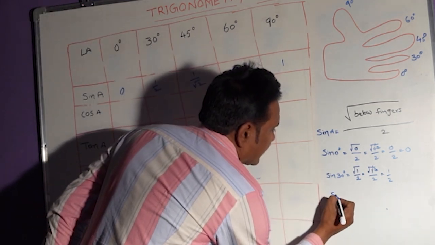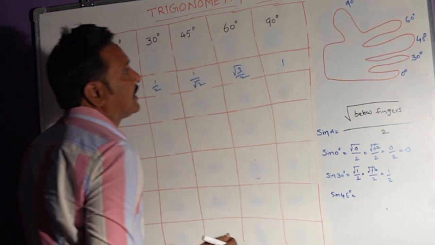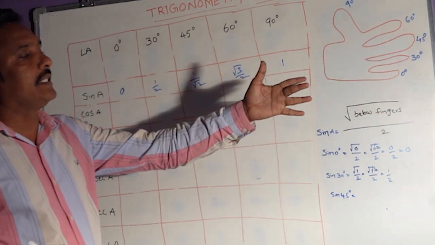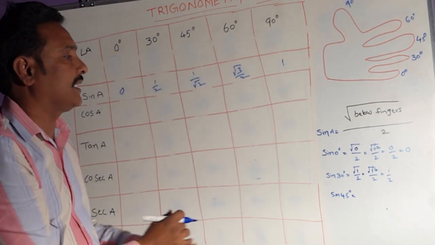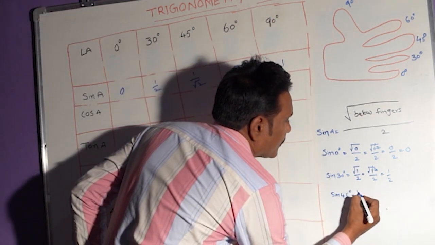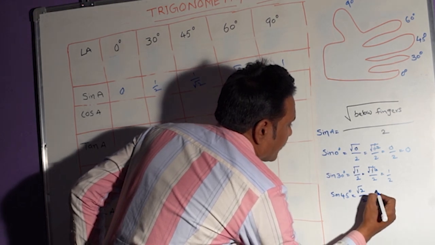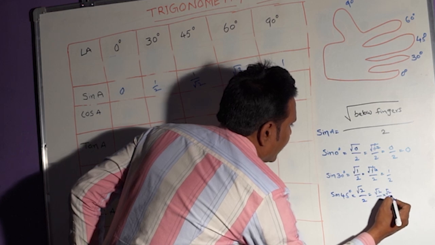Next sine 45 degrees. Sine 45 degrees is equal to this finger, the middle finger. Middle finger below fingers: 2 fingers are there. Then root 2 by 2 is equal to root 2 by 2 into root 2 by root 2.